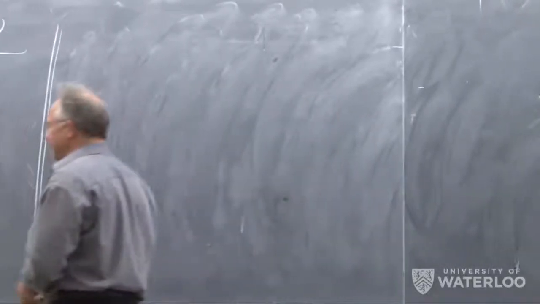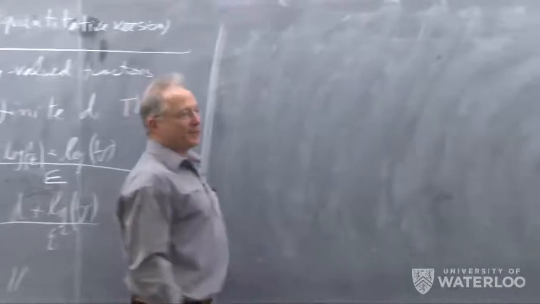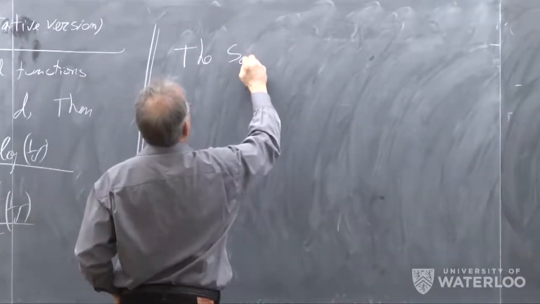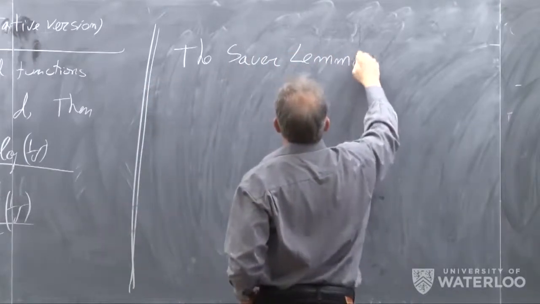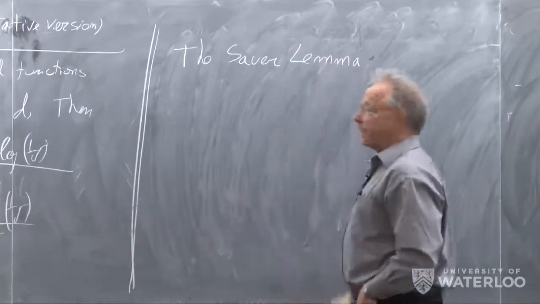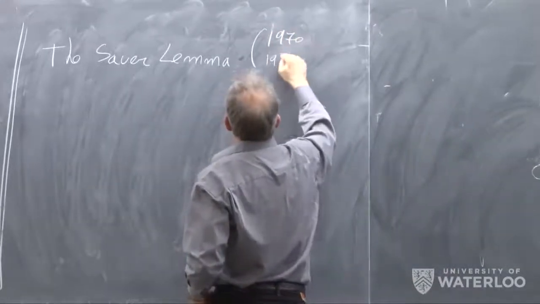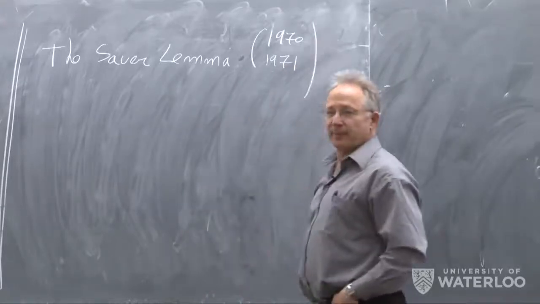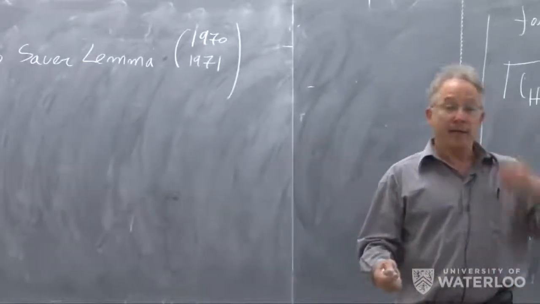There are many interesting things about this Sauer lemma. The first interesting thing is how it was discovered. The Sauer lemma was discovered around 1970, 1971. Why do I give you this rough estimate? Because it was discovered at roughly the same time in many places.